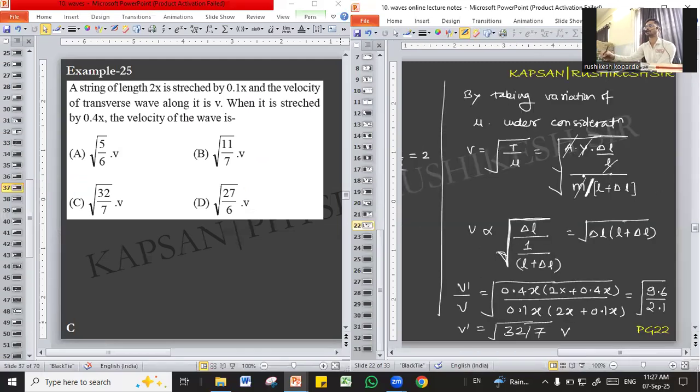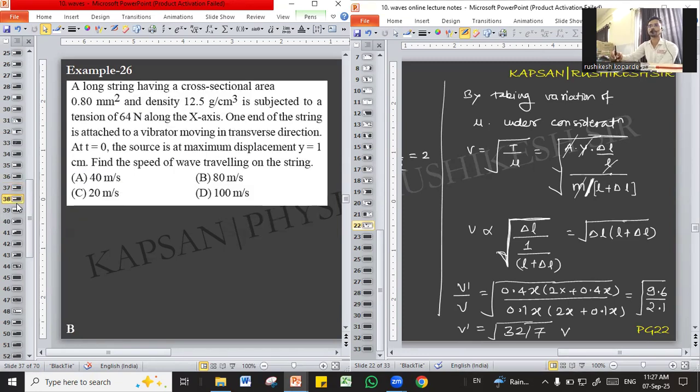So you have to consider the variation of mu also. The final length is L plus delta L. You can ignore L, Y, A and M, but this L cannot be ignored because it is in addition with delta L. Solve this, question 26.